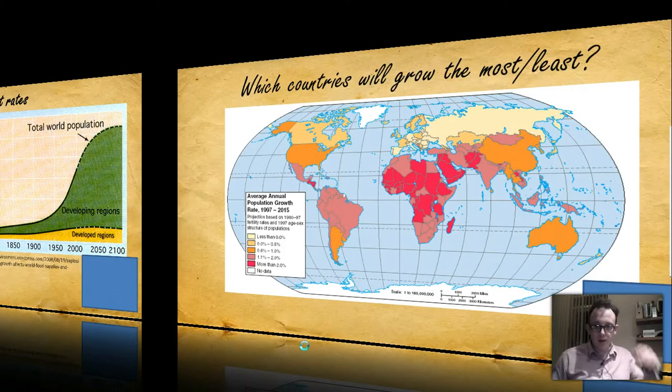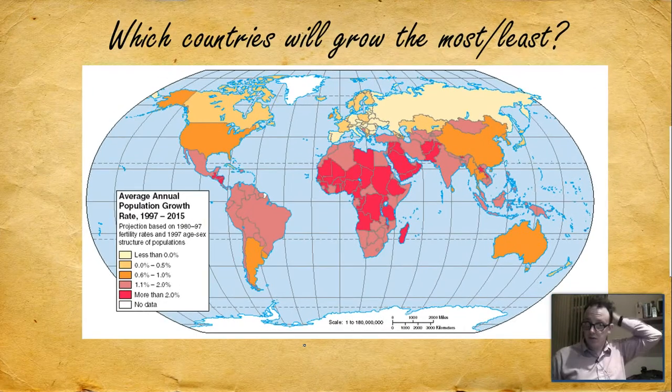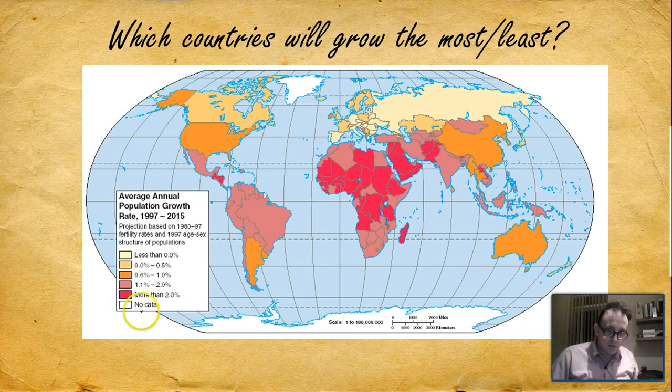So this map shows which countries grow the most and the least. Look at the scale. Those pink ones around here are all growing at a rate of more than 2%.